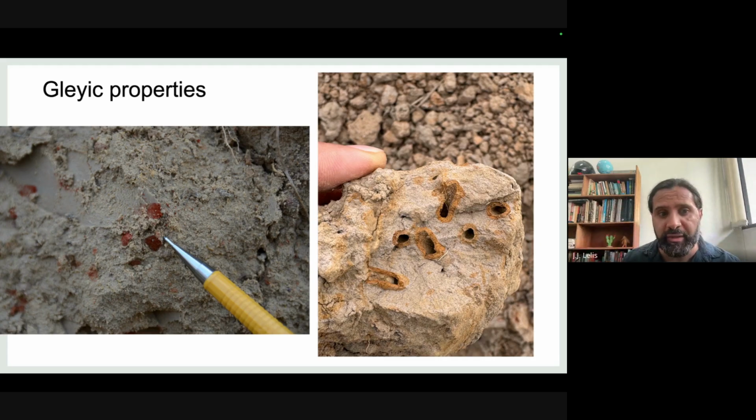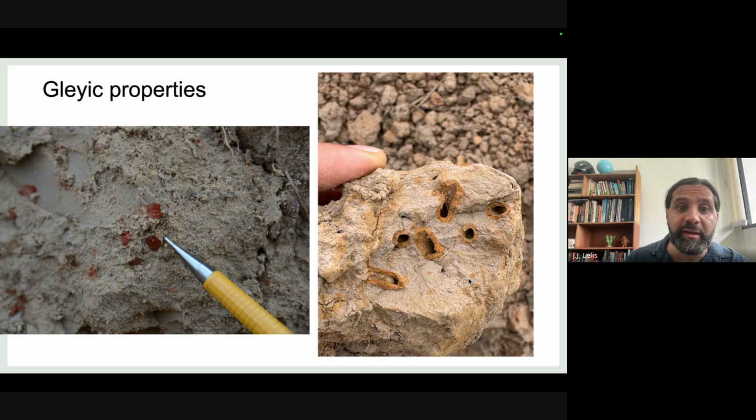Because of this movement, during the wet season, this water table reduces some parts and some sections of the soil. So you have these grayish colors that you can see here, okay, and here too.